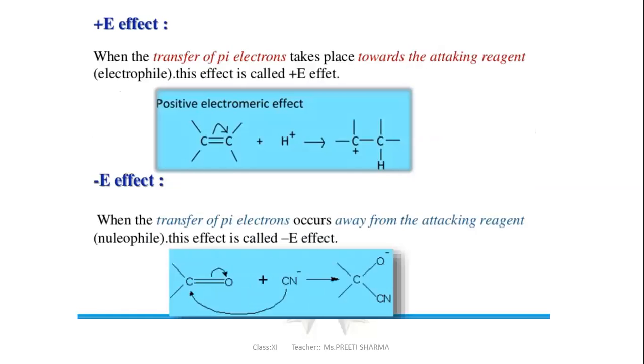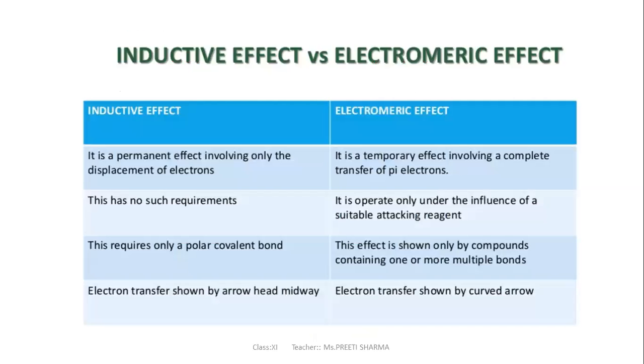As you can see, see this example. Here out of these two carbon atoms, this carbon takes away all the electrons. Now H positive will move to that carbon which is having electron richness, and it is known as the plus E effect. And if it is away from the attacking reagent, that is known to be minus E effect.